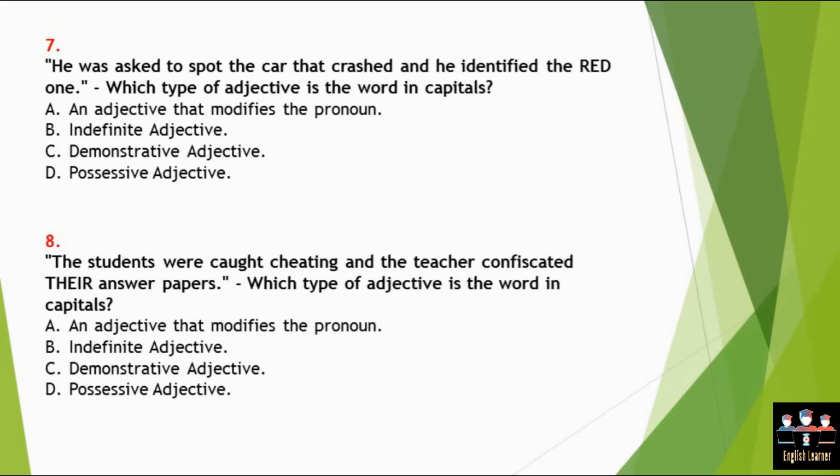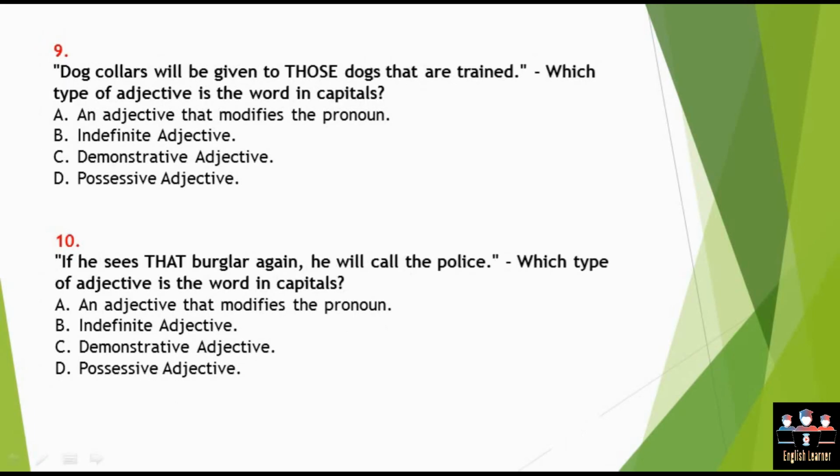Number 8. The students were caught cheating and the teacher confiscated their answer papers. Which type of adjective is the word in capitals? A. An adjective that modifies the pronoun. B. Indefinite adjective. C. Demonstrative adjective. D. Possessive adjective. Number 9. Dog collars will be given to those dogs that are trained.